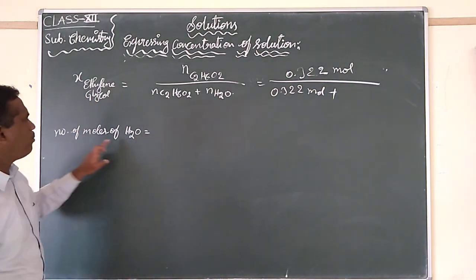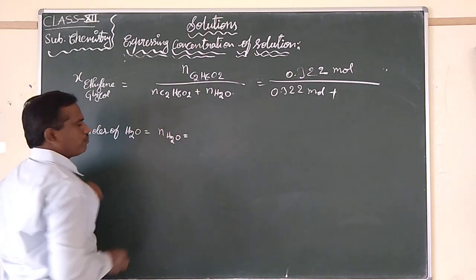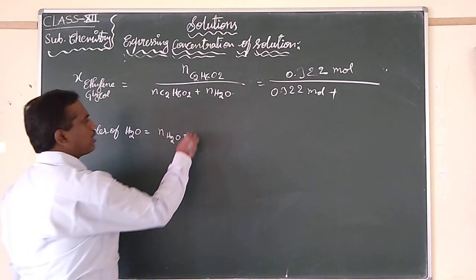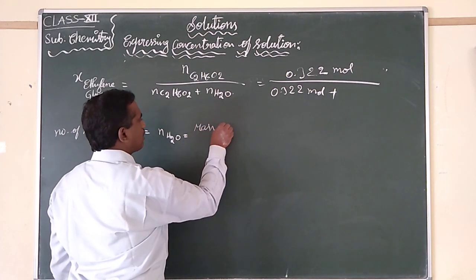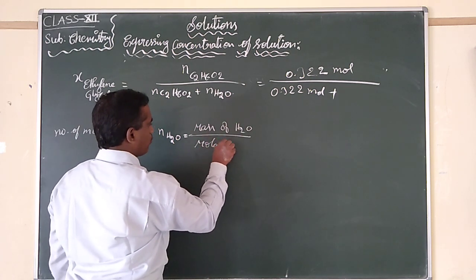How to calculate number of moles of water? The number of moles of water is equal to mass of water by molar mass of water.